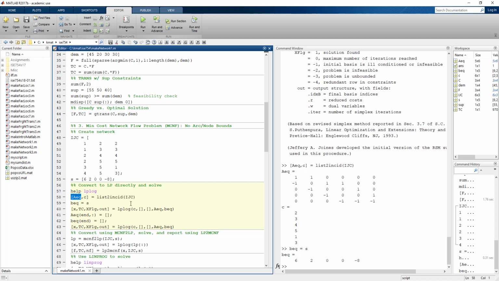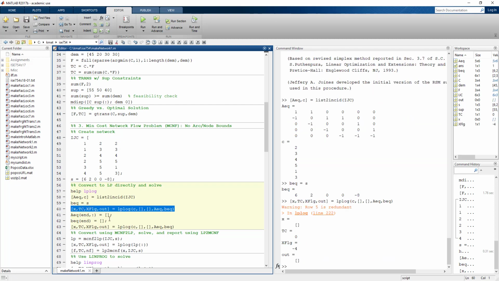For the network representation of the min-cost network flow problem, we don't have any less than constraints. So the first two arguments, which would be any constraints that are less than constraints, both the A matrix and the B right-hand side, are left empty. All we have are equality.